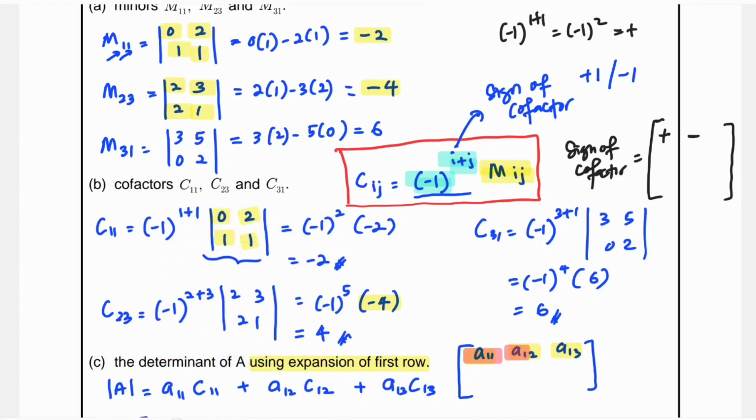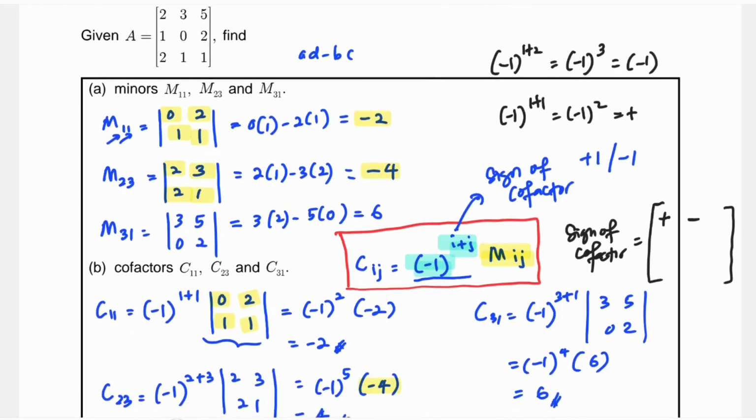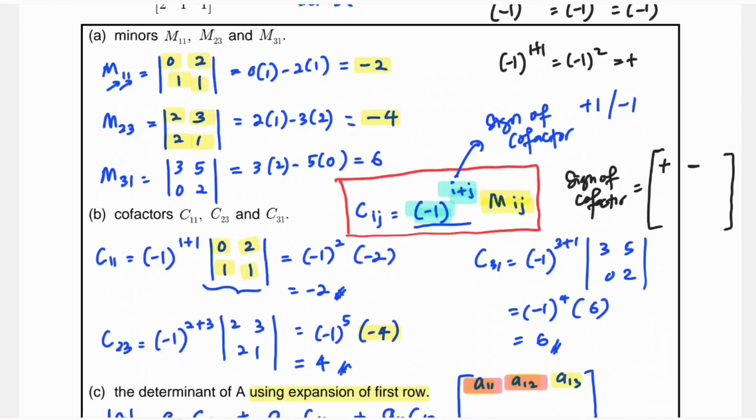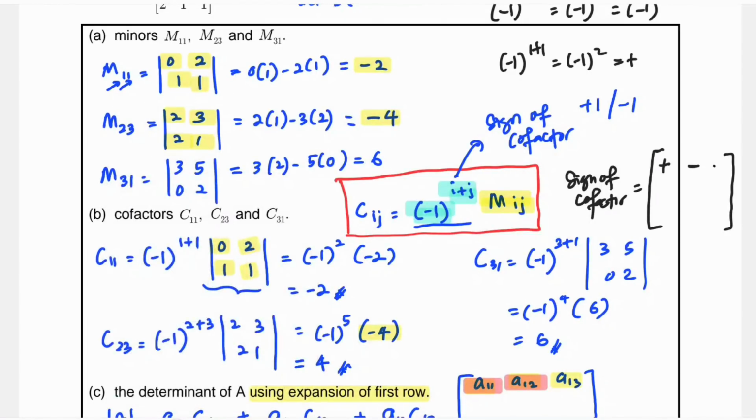Since this is the location of A12, when we calculate -1 to the power of 1 plus 2, that gives -1 to the power of 3, which is -1, so it gives negative. Basically, if you calculate all of these signs of cofactor, you will get alternating signs: positive, negative, positive, negative, positive, negative, positive, negative, positive.